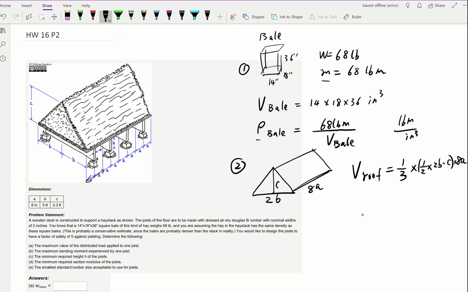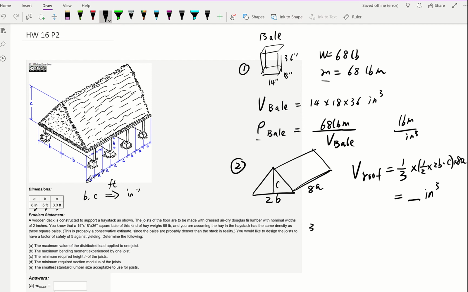But be aware, there are inches and feet for b and c, so it might be wise to change b and c from feet to inches. If we do that, you are going to get the unit of inches cubed for the volume of the roof.